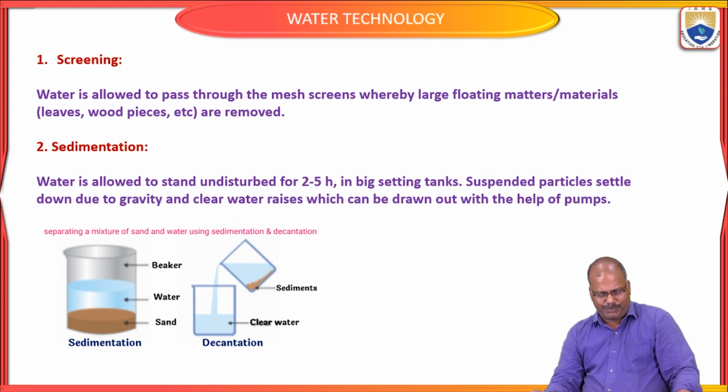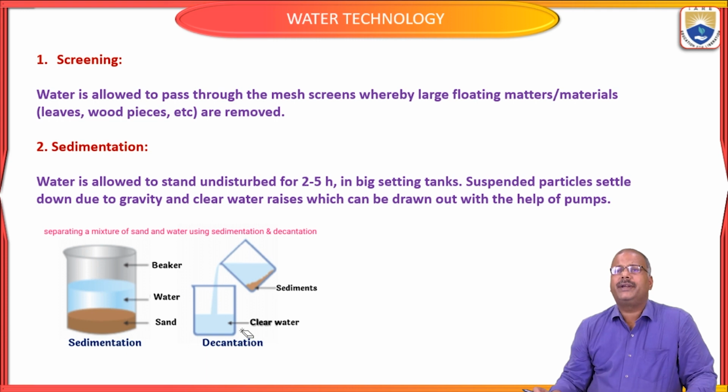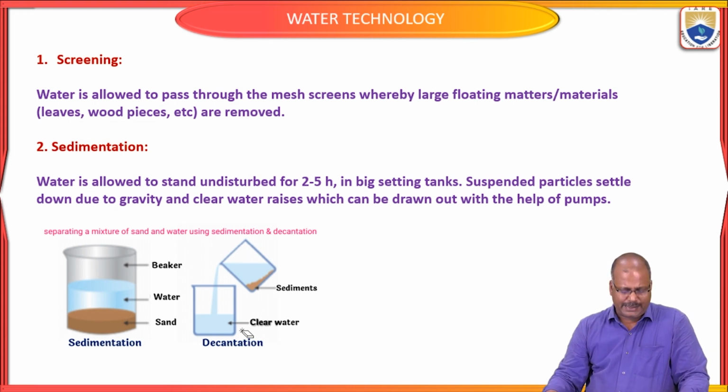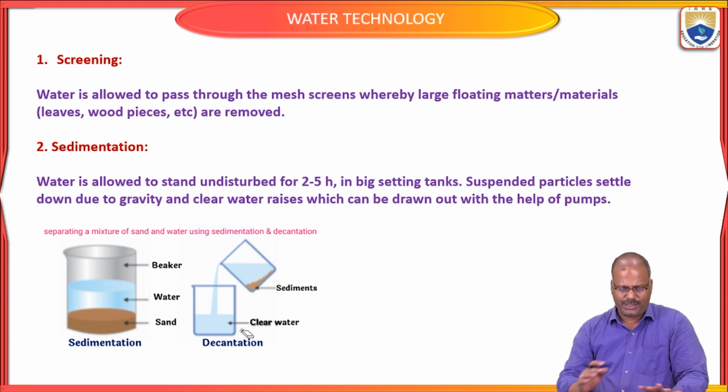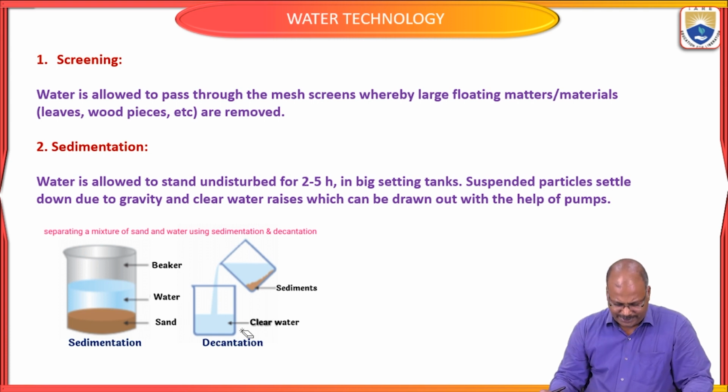So this is the example we have shown for separating water and sand by sedimentation, settling, and then decantation, removing the clear water to the other beaker without disturbing the sediments.